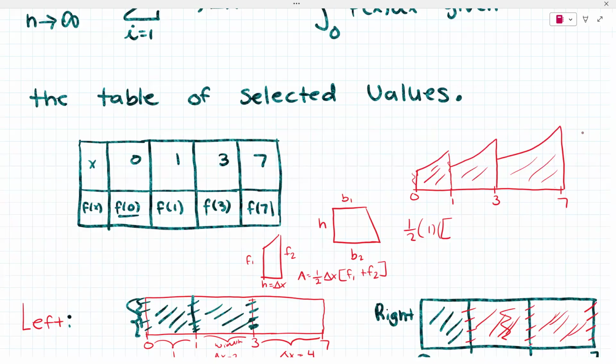So you've got to do f of 0 plus f of 1. Okay. Now let's do the other trapezoid. It's going to be plus 1/2, and then the delta x, what's the distance from 1 to 3? 2.